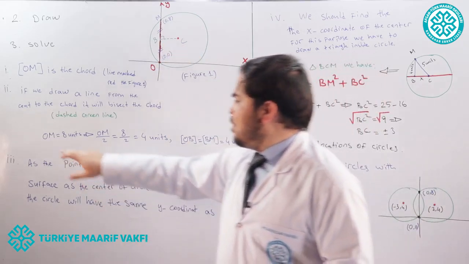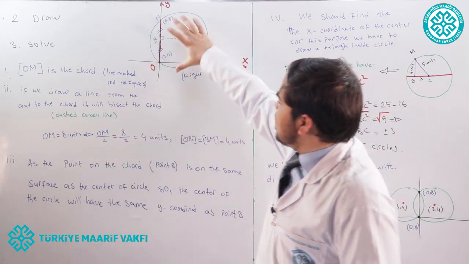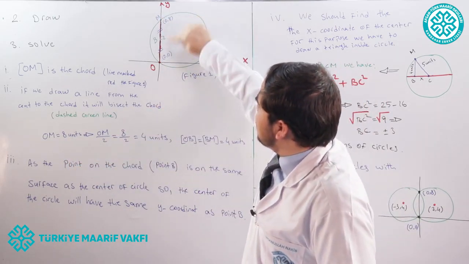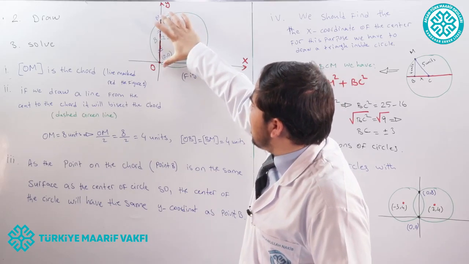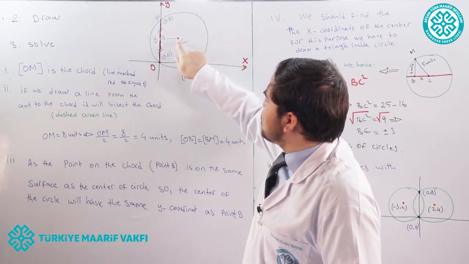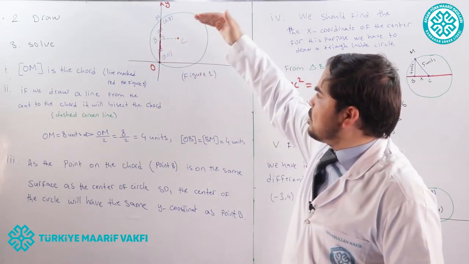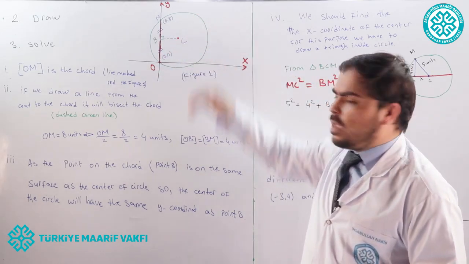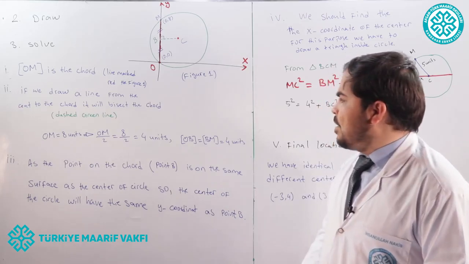OM is 8 units. As we know, it is 8 units because its y coordinate goes from 0 to 8. So the OM line, or the chord, is 8 units. When the line comes from the center, it divides the chord into equal parts, meaning both sides will be 4 units.